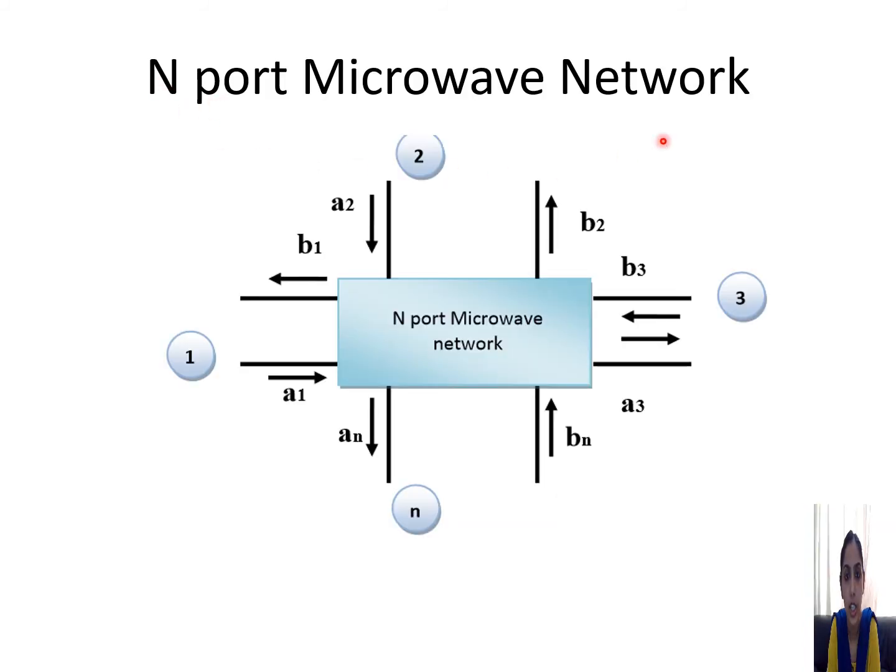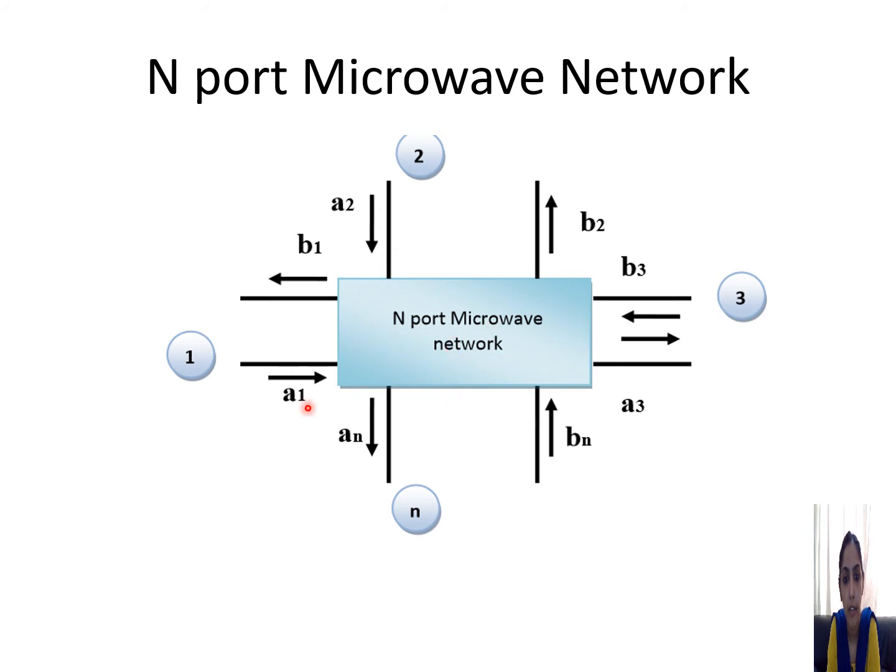This is a general representation of our N-port microwave network. As already stated, we cannot employ the network theory parameters to characterize our microwave network. So we always consider the traveling waves propagating inside a microwave device, and then we use S parameters, the S matrix, to characterize our microwave network. This is an example of an N-port microwave network.